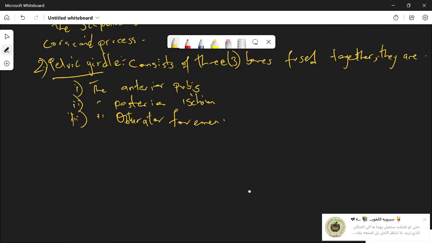One is the anterior pubis, the posterior ischium, as well as the last one, which is the obturator foramen. Are we together? So those are the three that make up the pelvic girdle.